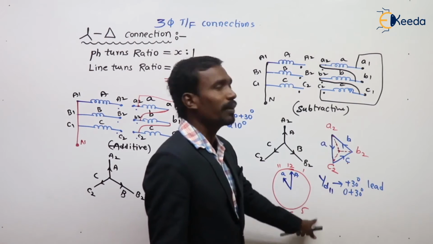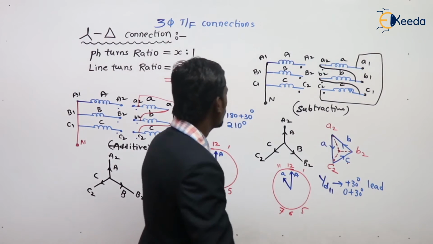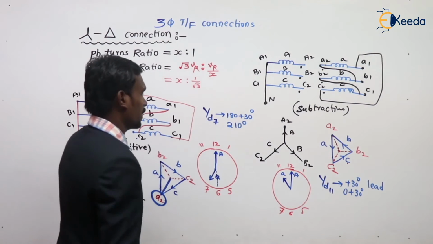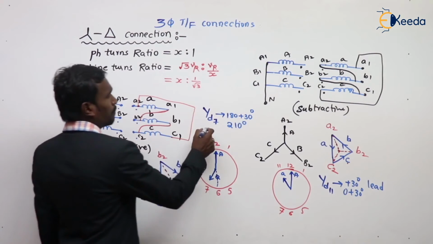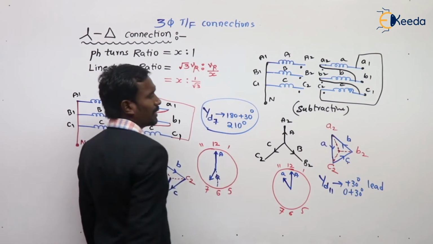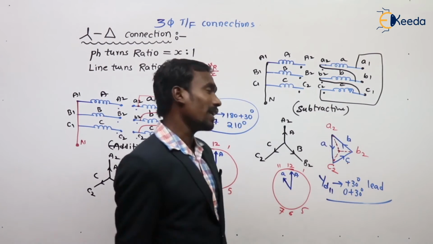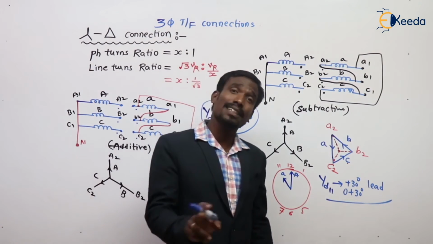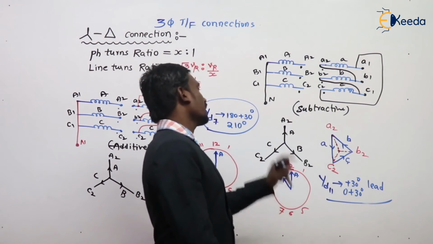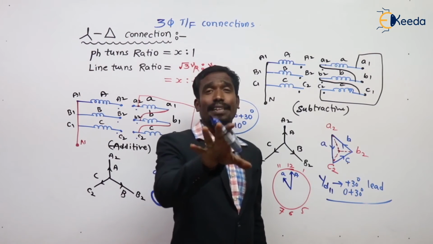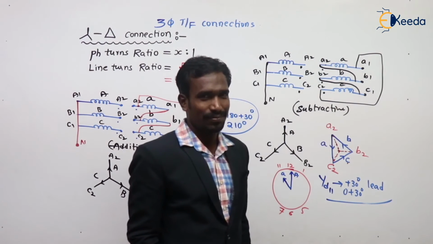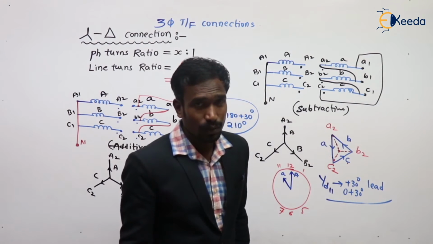This is also very important. So here we saw two configurations. One is 180 plus 30 degrees and the other one is 0 plus 30 degrees. The remaining two are there: one is 0 minus 30 degrees and the other one is 180 minus 30 degrees. Yes or no?